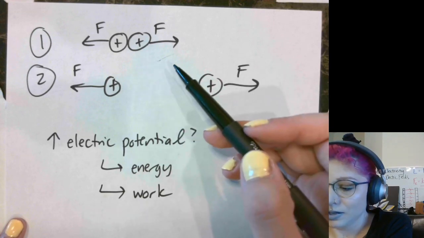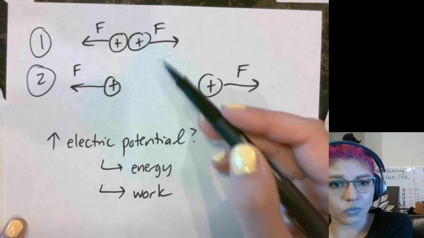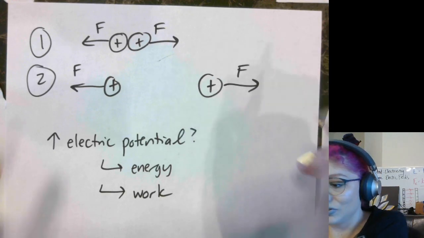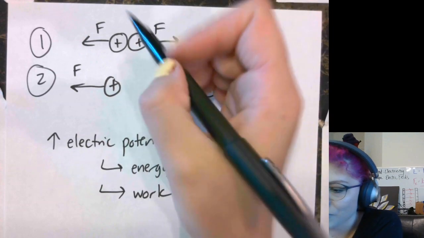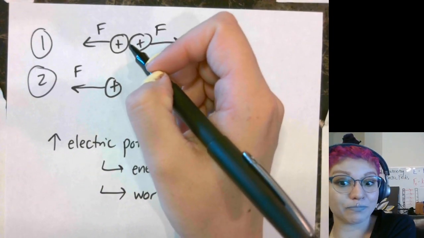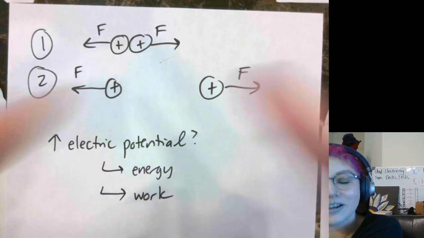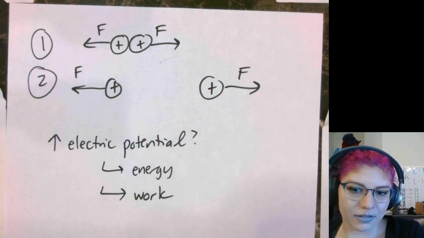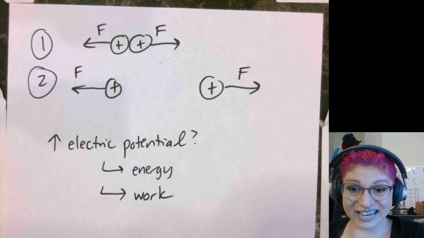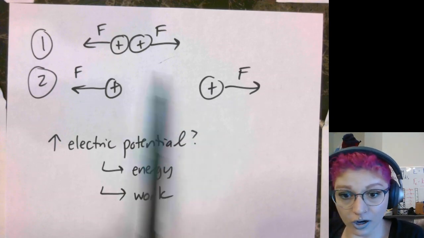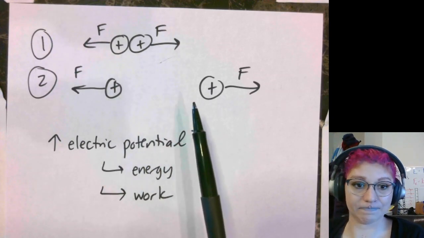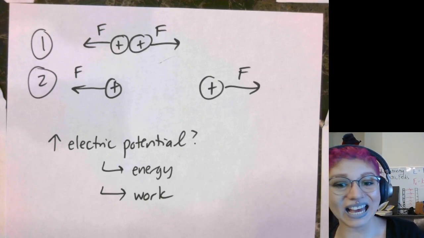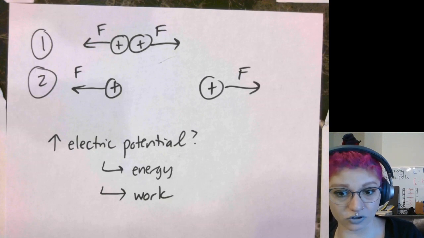So, which scenario, 1 or 2, do you think it takes more work to push them to that distance? So in number 1, we push two positive charges together, but in number 2, they're kind of chilling apart. Think about how much energy it takes to get these charges to these final positions. So, which scenario, 1 or 2, has the higher electric potential?